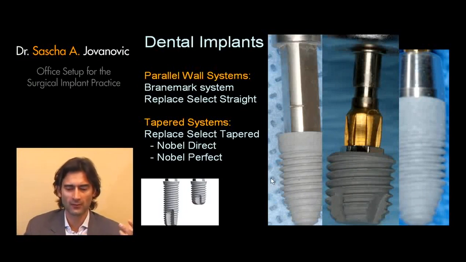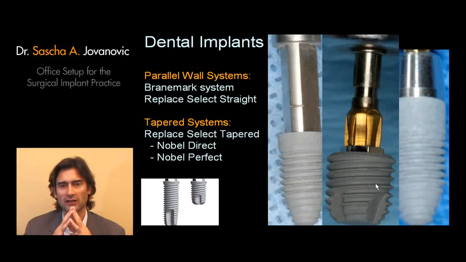Now, more specific implants like a parallel walled implant and a short implant, like this shorty, which is only 6.5 millimeters in length. These are implants which I believe you need a little bit more experience with, because you have so little length to work with.